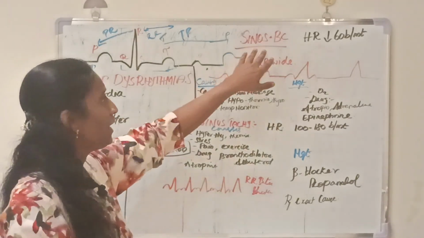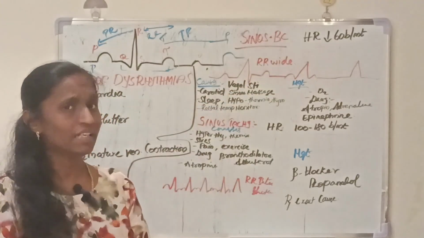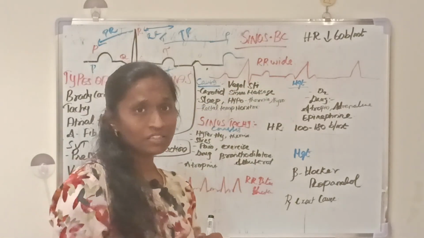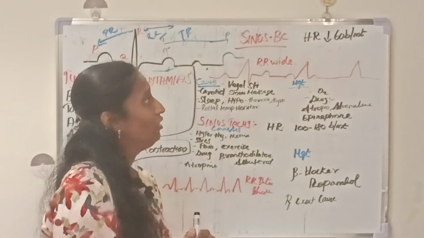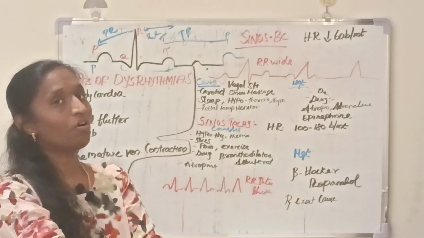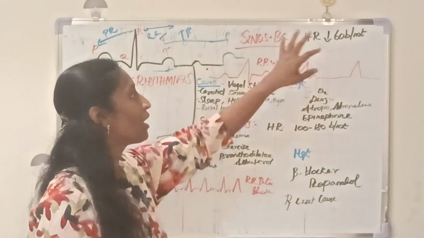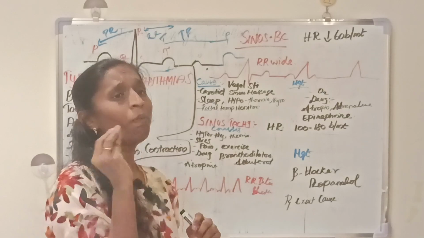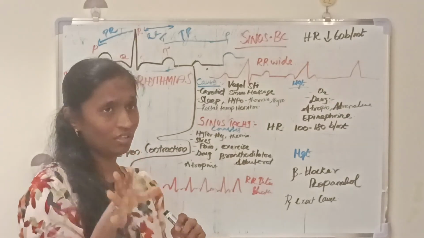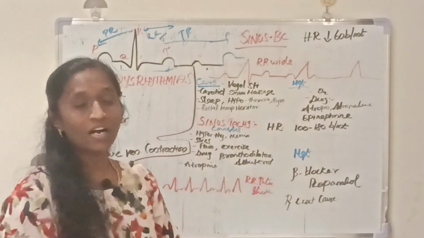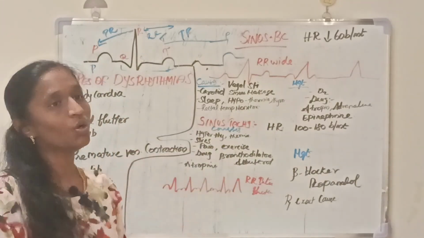So here, sinus bradycardia means the rhythm of the heart is normal, but the heart rate is below 60 beats per minute. The major ECG variation we can identify here is that the RR interval is wide.